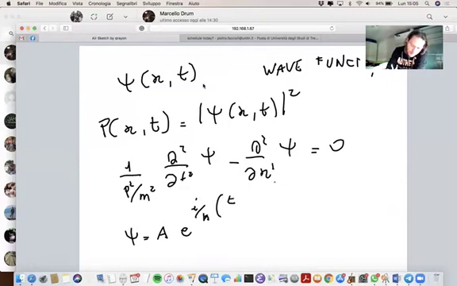this part simply accounts for the fact that the pulsation, omega times h bar, is the energy. And we want to leave that as it is, because we know that's a property we want our theory to respect.